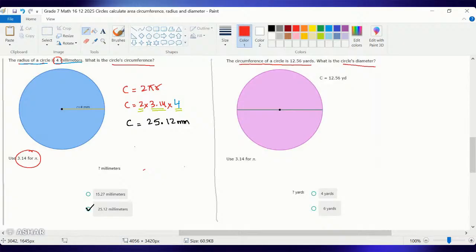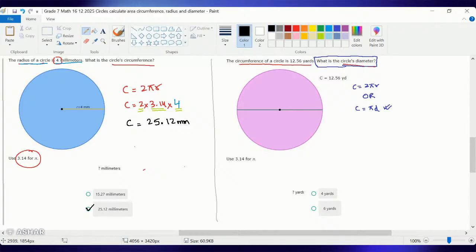We know that there are two formulas for circumference. The first one was circumference is 2 pi r. Either we can use this or we use circumference is pi multiplied by diameter. Depending on the question, because they're asking us what is the circle's diameter, we need to use the second formula, which includes diameter in it.